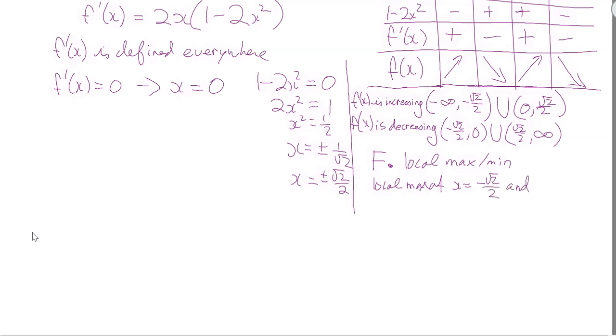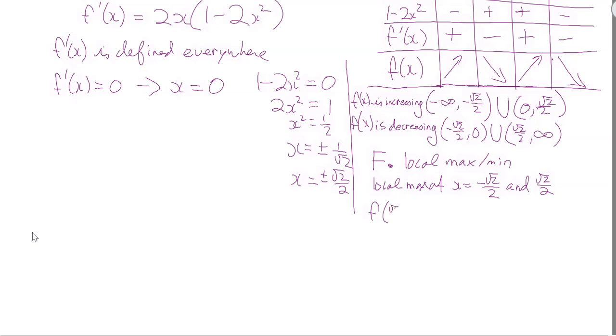And where else? Yeah, I mean, it's symmetric about the y-axis, right? So it kind of has to be root 2 over 2. So we only need to work out one of those. Let's do the positive one.